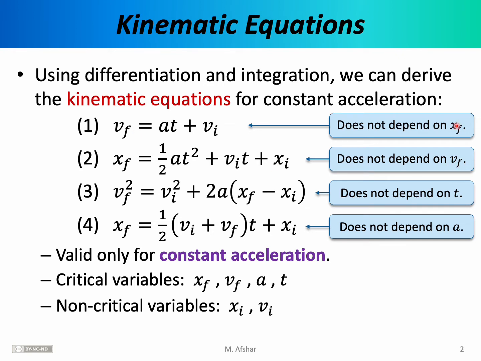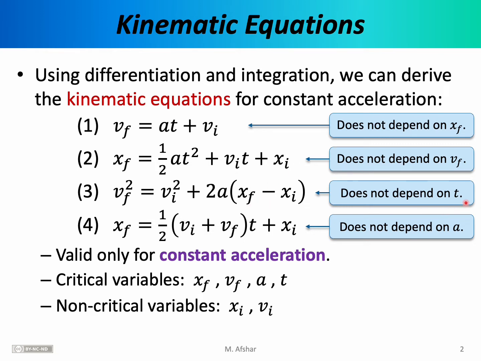X final, the final position, was one of the critical variables. So if a question is asking for the final position of a motorcycle, for example, then you should probably not be using equation 1. Equation 2 does not depend on v final, so that's not a good equation to use if a question is asking for the final velocity of a falling apple, for example.